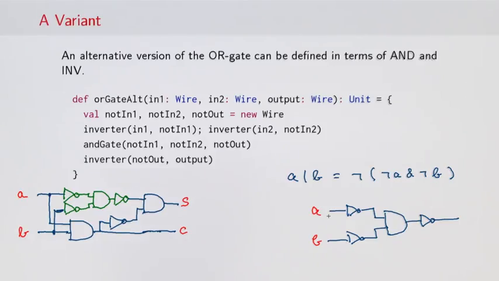So what I've done here is I've placed the new version of the OR gate into the half adder circuit, and let's see what happens. So initially the value of this wire here would be 0. After 2 time units, the inverter would make that wire to be 1. After again 2 time units, that inverter would make that wire to be 1.